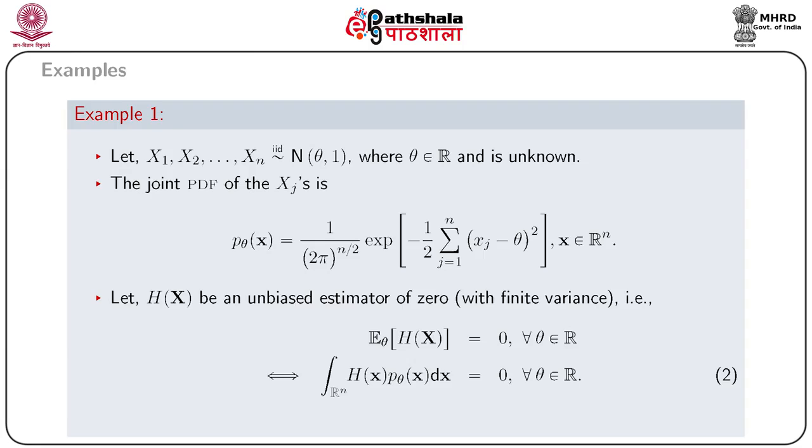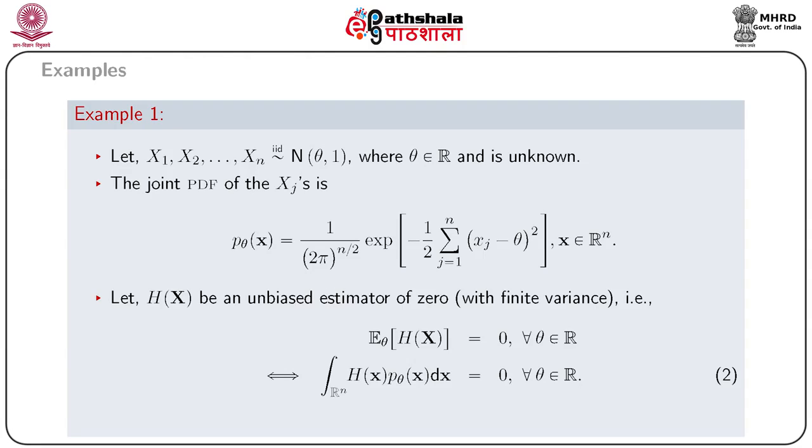The joint PDF of X1, X2, up to Xn is given by f_θ(x) = (1/(2π)^(n/2)) e^(−½ Σ_{i=1}^n (xi − θ)²), xi belongs to the real line for all i.